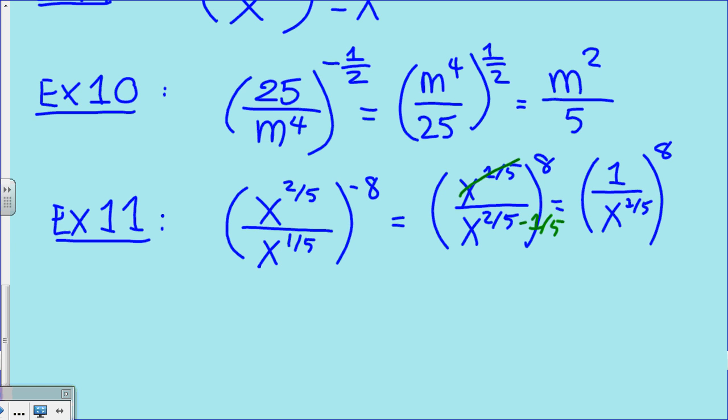Really hard one. What's 1 to the 8? 1. Okay, and then multiply the 8 times 1/5. X to the 8/5 is correct. And then you're done.